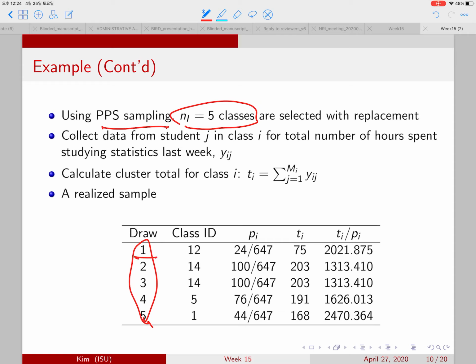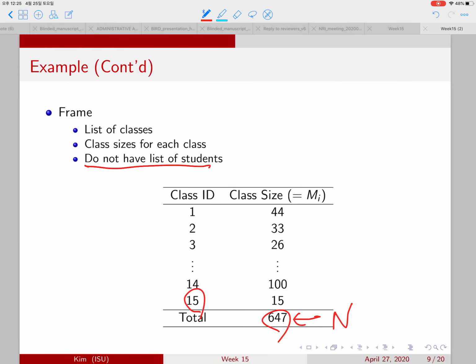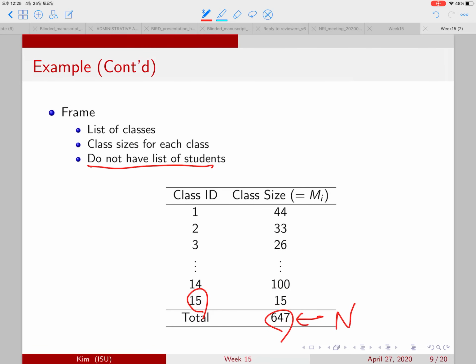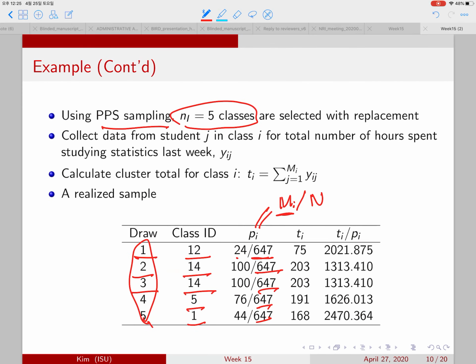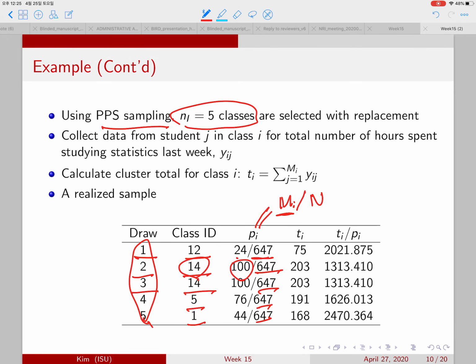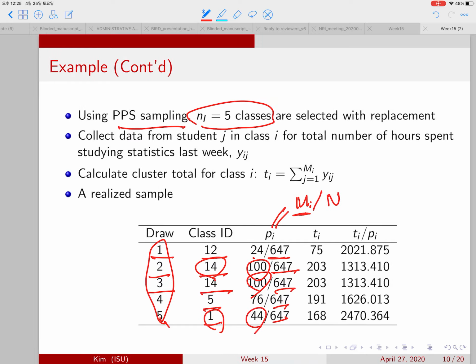In the first draw, we select class 12. In the second draw, we select class 14. In the third draw, we have a duplication, something like that. And then this is actually M_i divided by N, right? So N is 647, and M_i should come here. So class 12 is supposed to have 24 here. Okay, 14, we have 144.